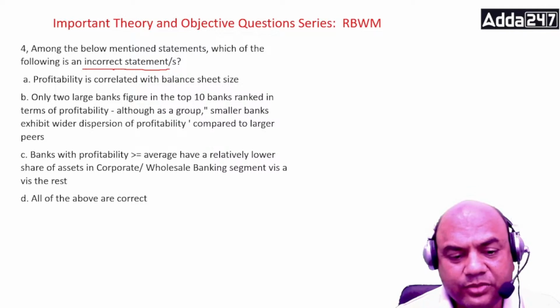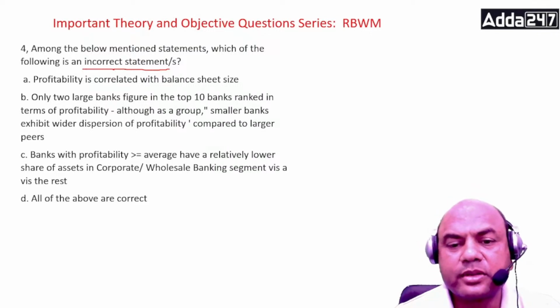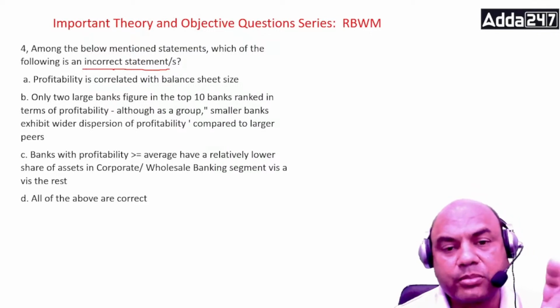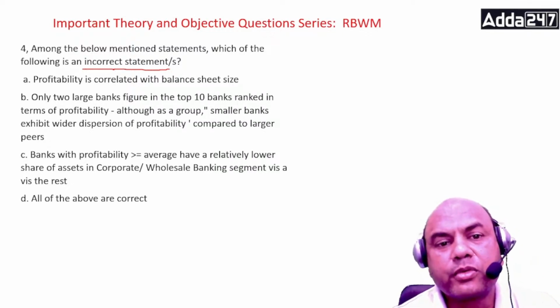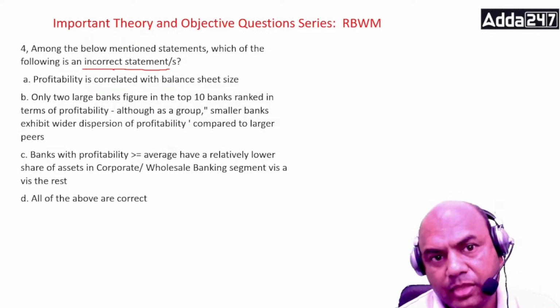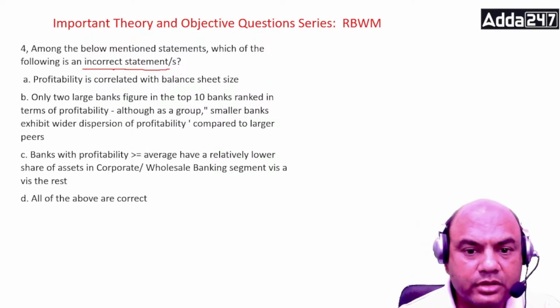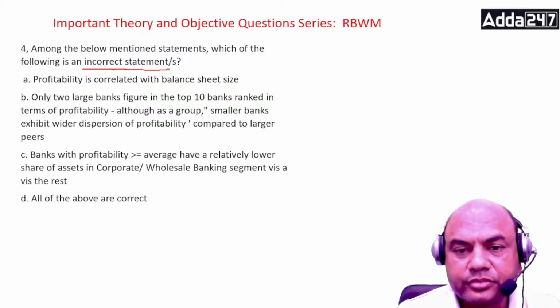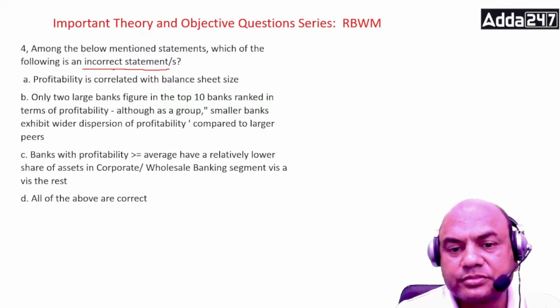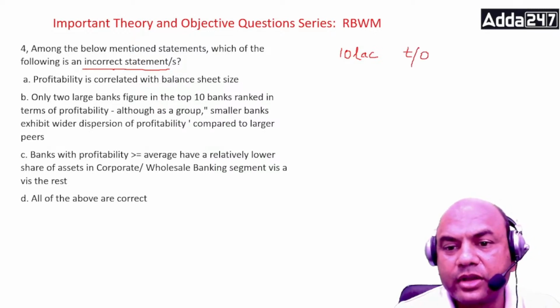Firstly, look at the sentence: profitability is correlated with the balance sheet size. Now understand the term profitability and profit. Profit means net profit or gross profit, so it's an absolute number. Profitability is a relative term. Suppose my company has a turnover of 10 lakh rupees and a profit of 1 lakh rupees.